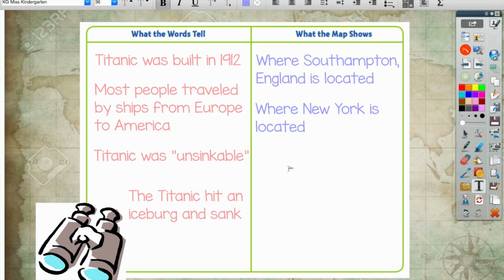Our map also showed us the route that the Titanic took to get to New York. And lastly, I want to include that it shows us where the Titanic sank.